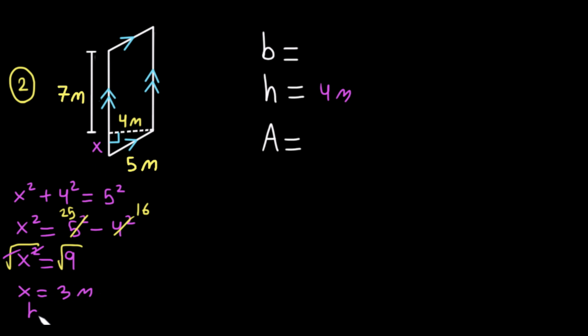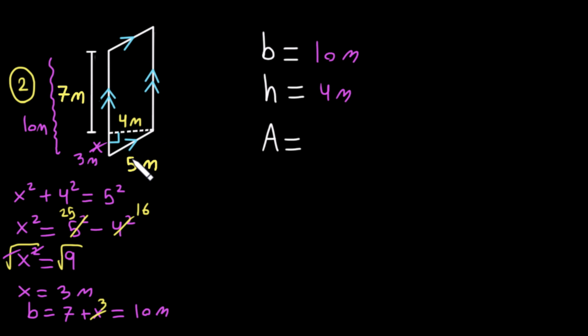Of course, the base equals this 7 plus this x, which is 3. So 7 plus 3 is 10 meters. So we found the whole thing from here to there as 10 meters.